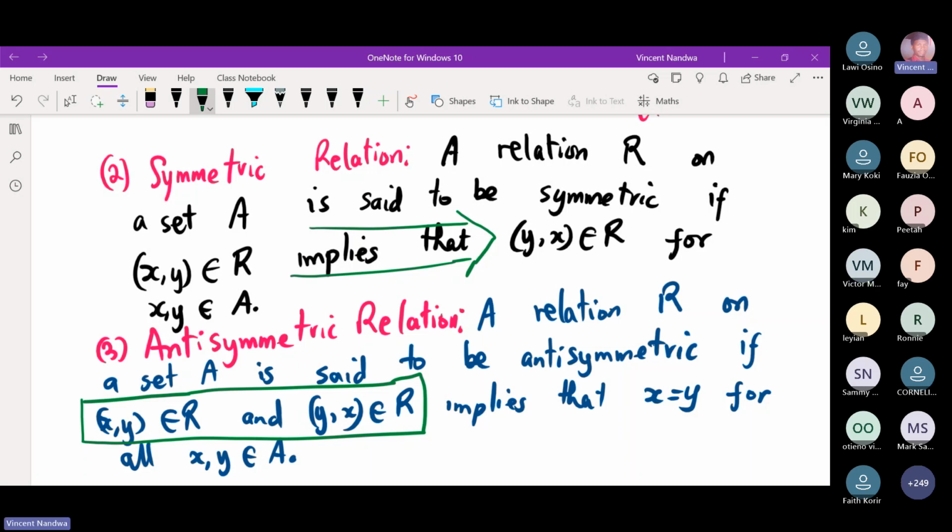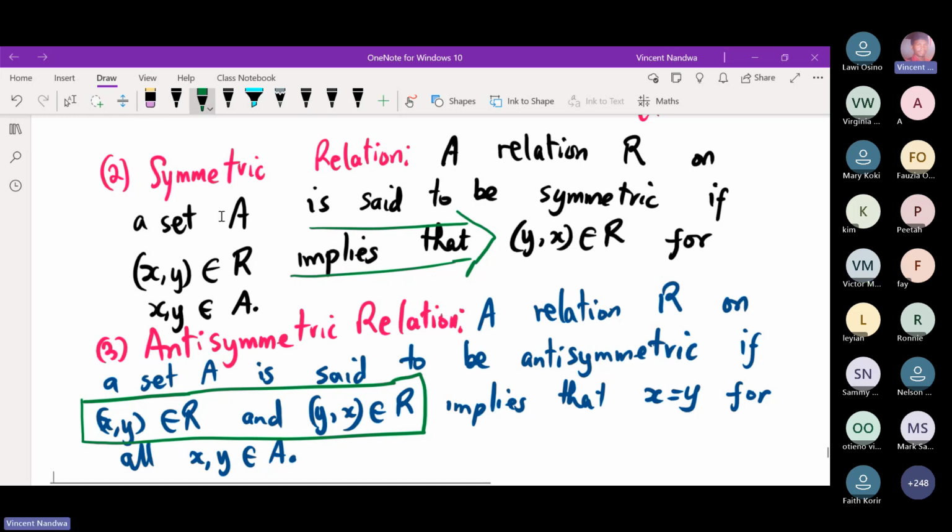But if you have an X, Y, and also in the same relation a Y, X, where X and Y are different, then that relation doesn't qualify to be called antisymmetric.